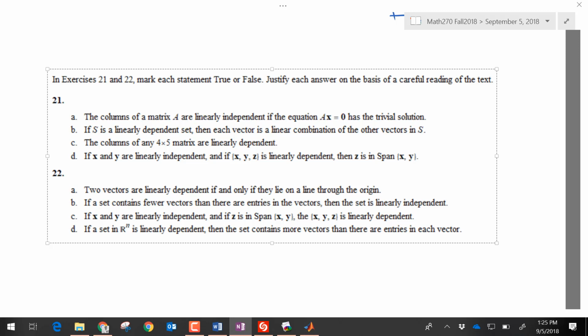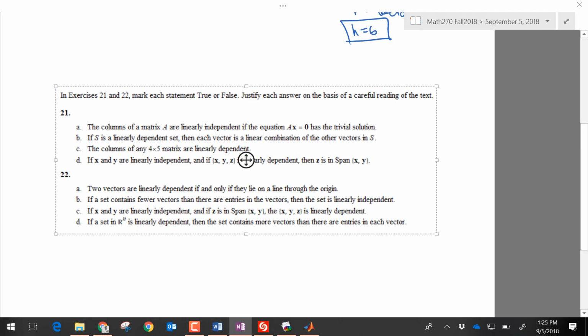The columns of matrix A are linearly independent if the equation has the trivial solution. Is this true or false? I think it's true, but why? Ah, so if you want to get really picky about it. Yes, you're right, Nate.